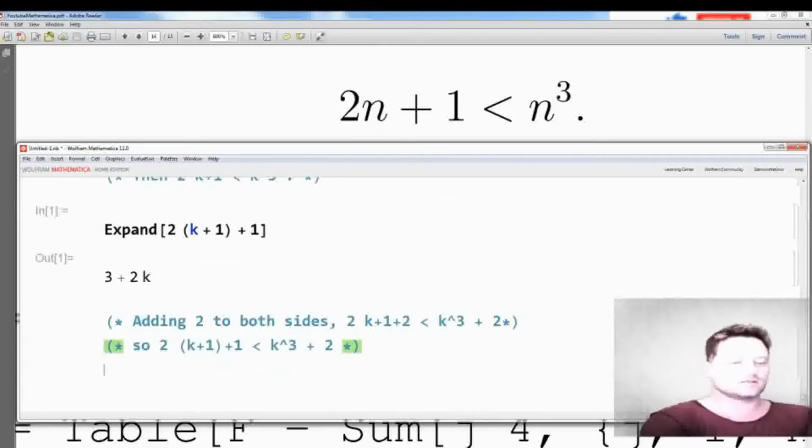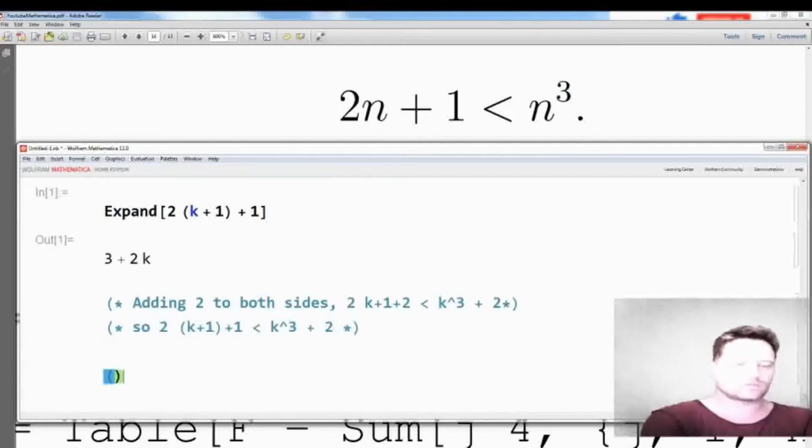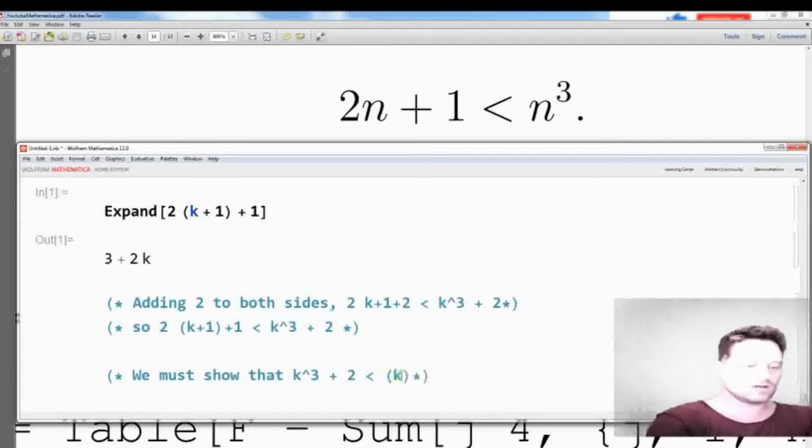So under this we will say we must show that k cubed plus 2 is less than the cube of k plus 1. And then we've got to work out how to do that.